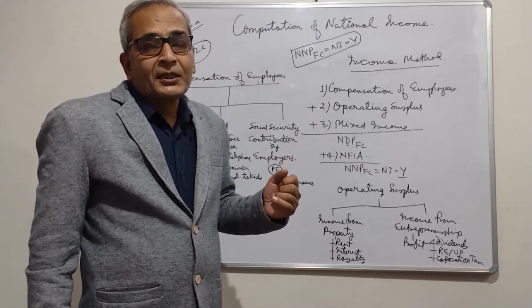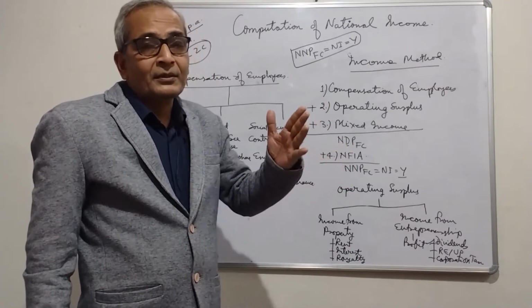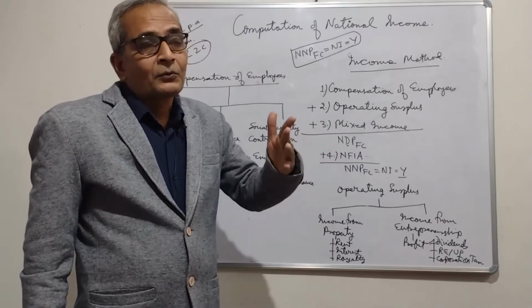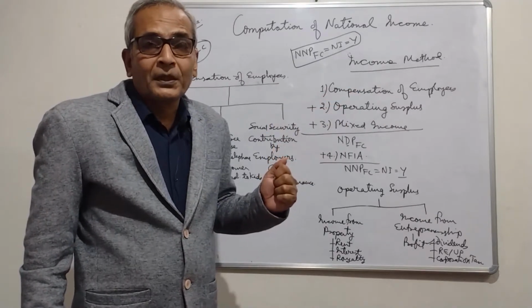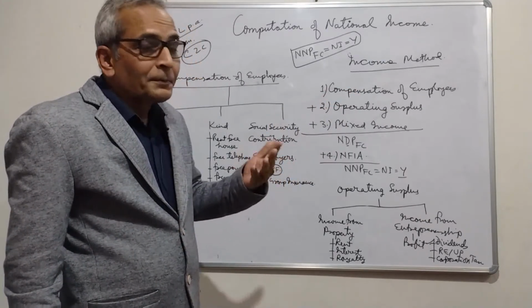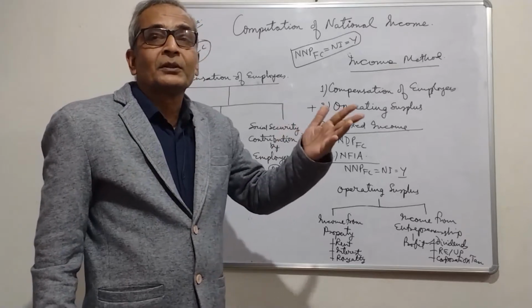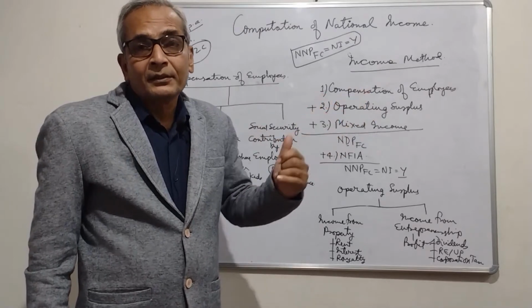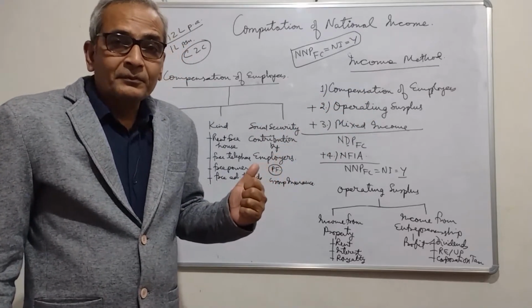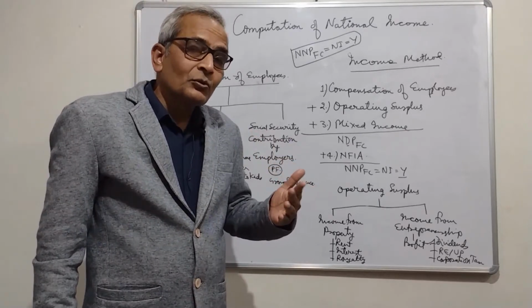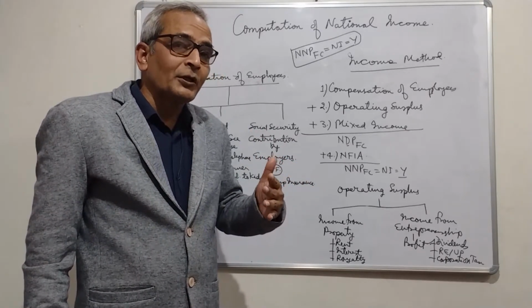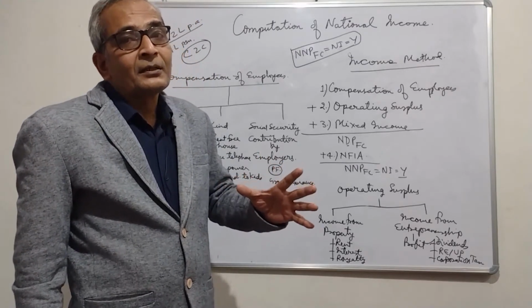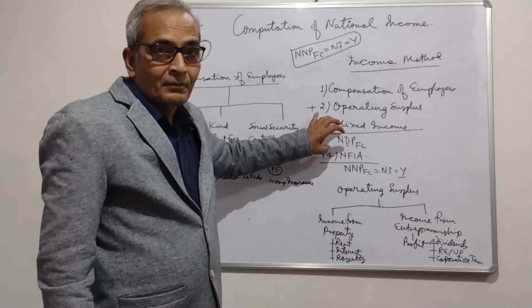The petty businessman that you can see on the footpath, the Golgappa wala, the chaat wala who is there on the footpath, and self-employed professionals, a doctor who is running a clinic, or an advocate who is running a law firm. So they are professionals. So income generated by self-employed persons and professionals, they are counted as mixed income.